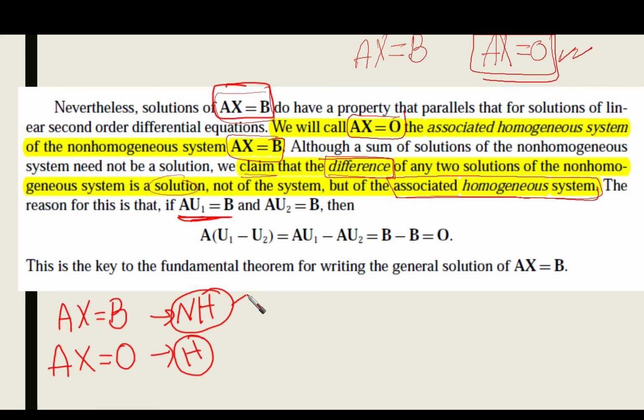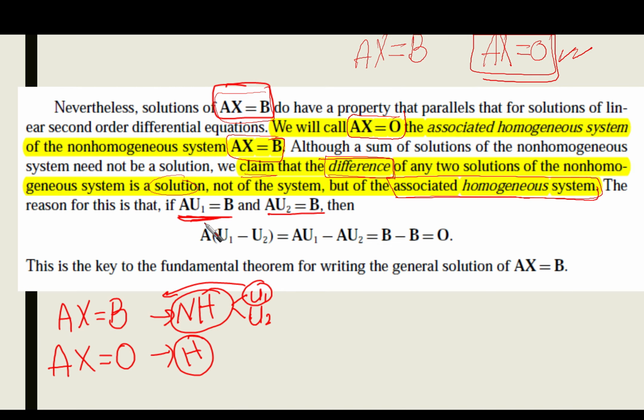So if we have u1 and u2, then we substitute them back in the original equation and look at it again. So we have A u1 equal to B, A u2 equal to B.